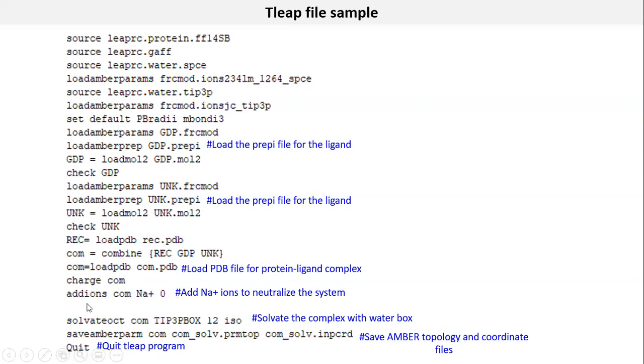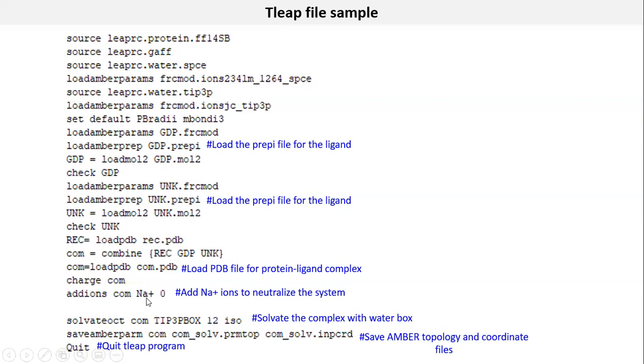For example, in this case, I found that my overall charge for the protein is negative, so I need to add a positive ion, Na, that makes the charge of the system zero.